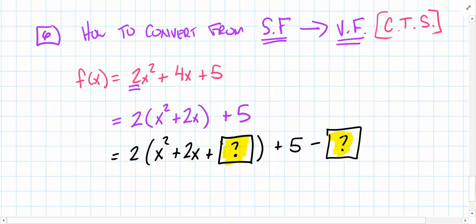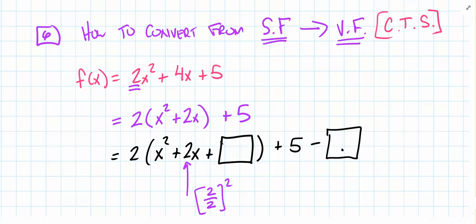Now, the fun part. What number actually goes here? Does anybody know what it is? It's 1. You take the number 2, you divide it in half, and then you square that number. So b over 2, squared. In this case that number is 1, because 2 divided by 2 is 1, and 1 squared is still 1.